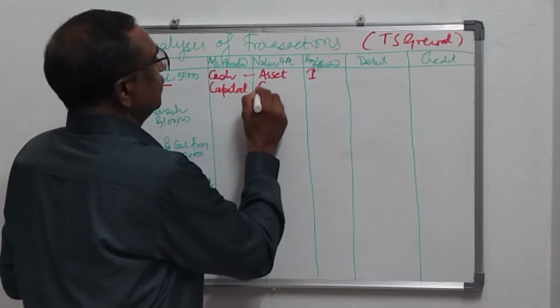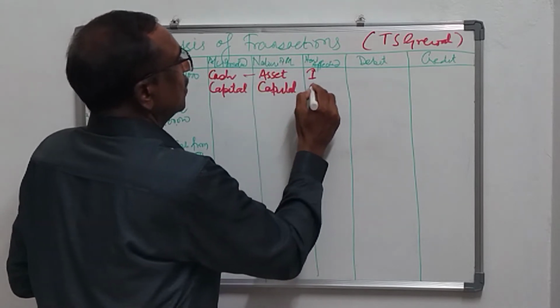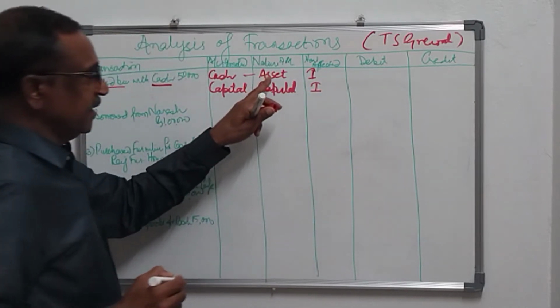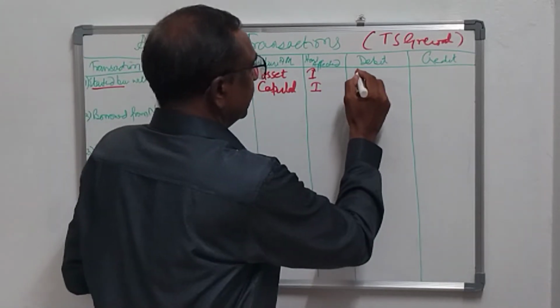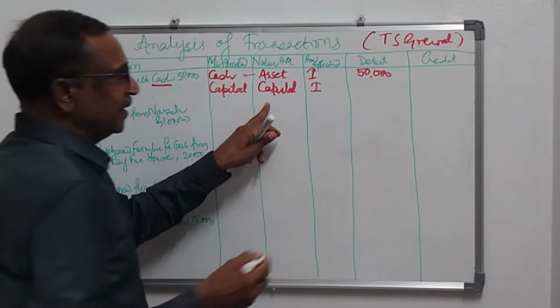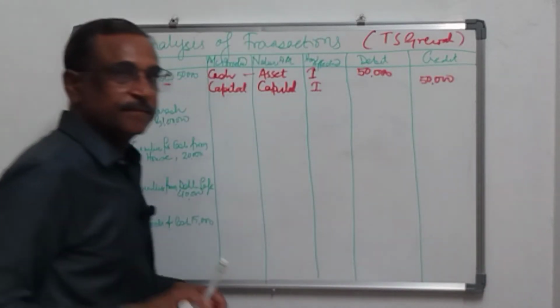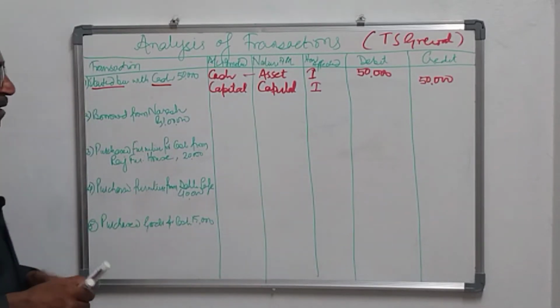So capital is also increasing. Increase in asset is debited and increase in capital is credited. Clear? Okay.